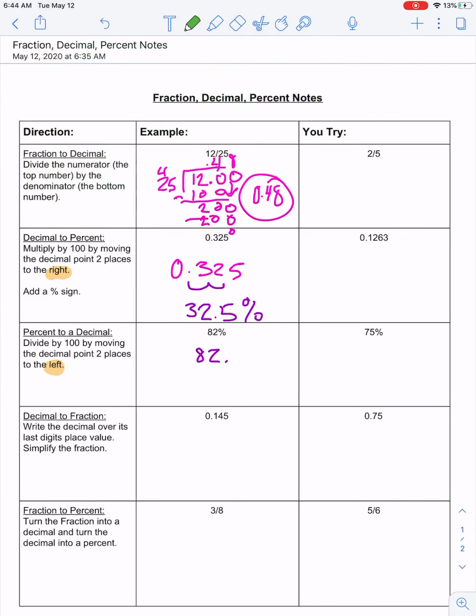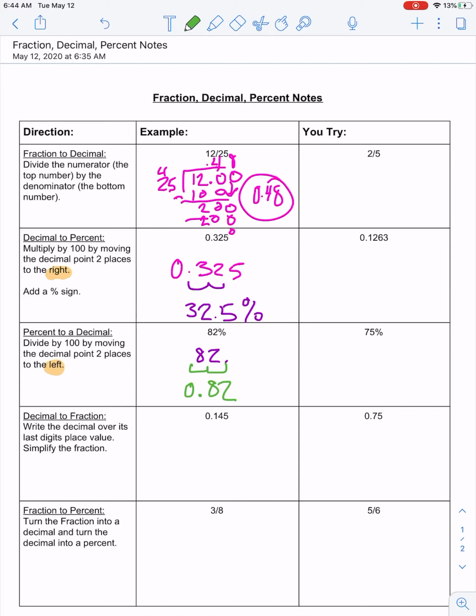So we're going to go 1, 2 to the left. So we end up with 0.82 as our decimal.